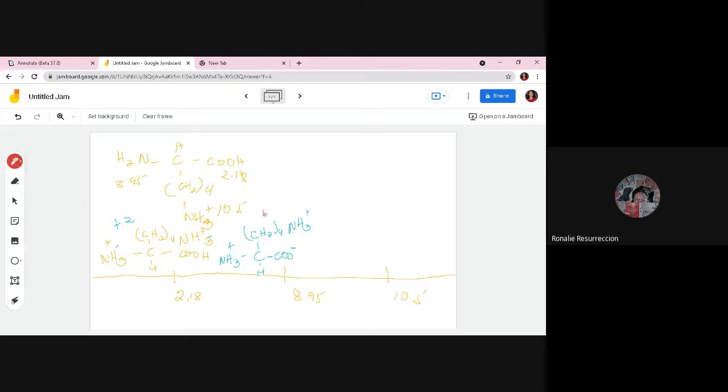Now, the second, after 8.95, what will happen is your NH3 will lose a proton, so it will become COO minus.